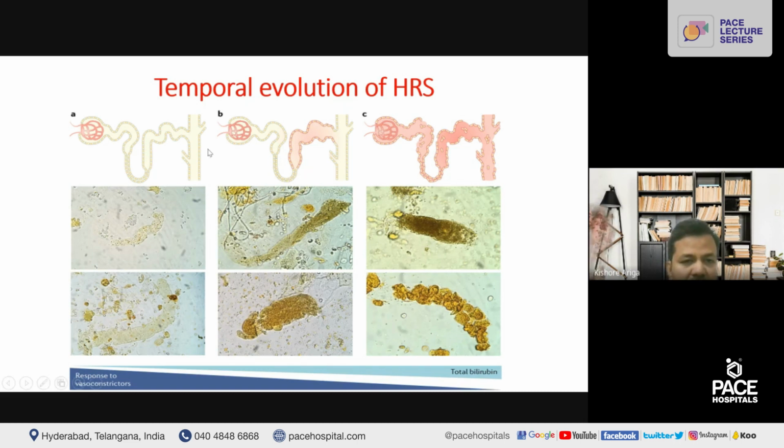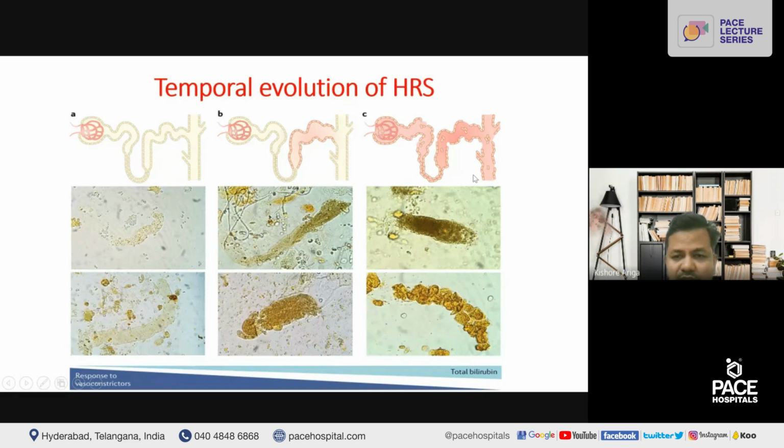In the initial stages of HRS, the kidney histology looks fine and urine doesn't show any gross abnormalities. Only the blunt casts can be seen in the urine, the bilirubin level is not very high, and the response to vasoconstrictors is high. As the disease worsens, the bilirubin level increases and the kidney injury also increases.